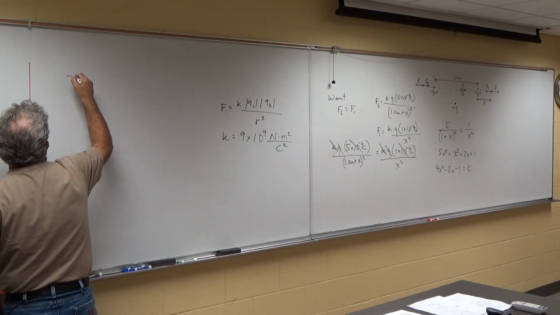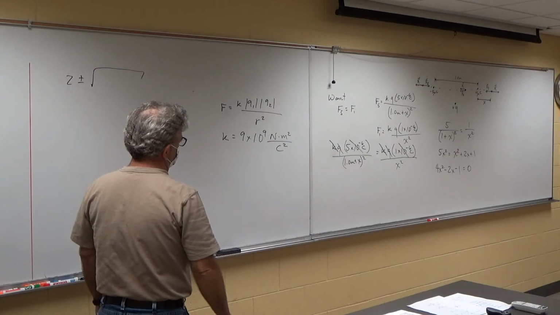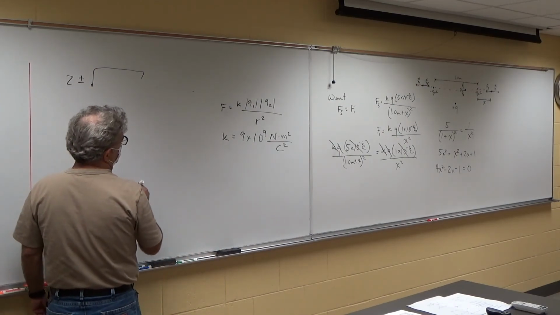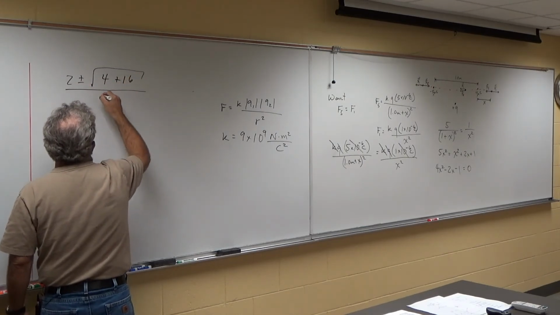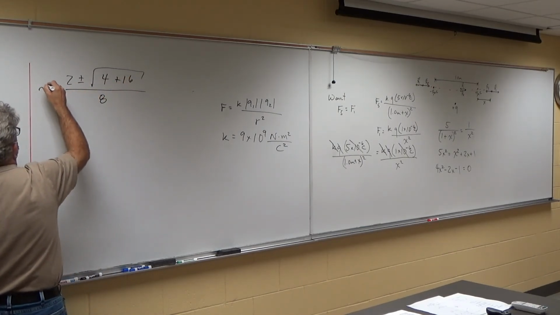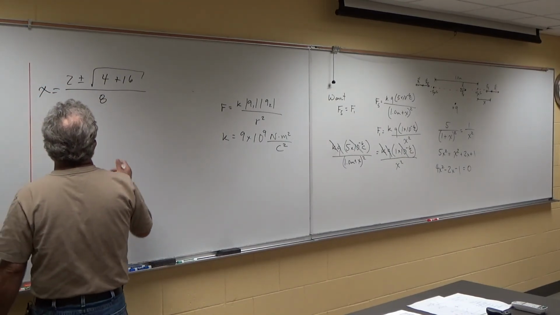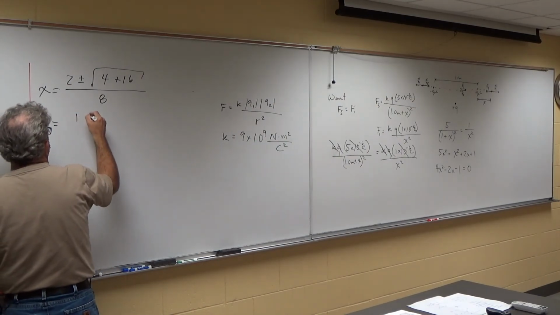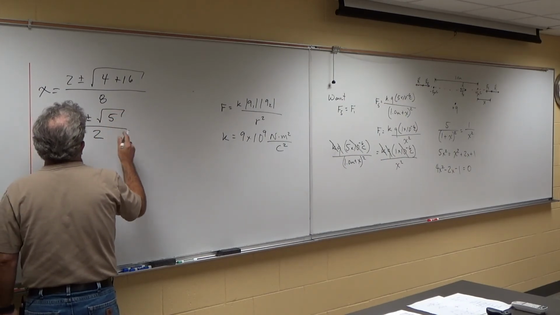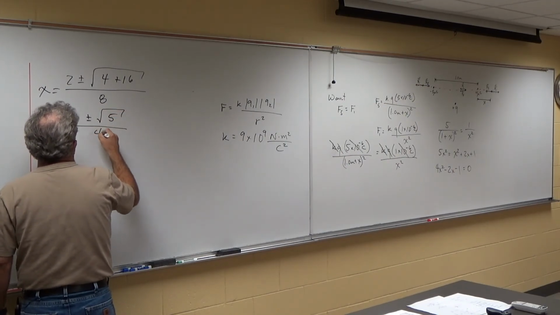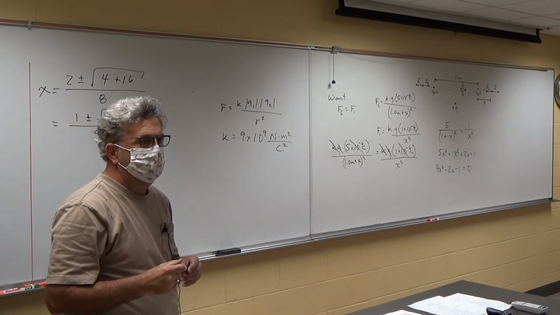So you get 2 plus or minus the square root of 4 plus 16 all over 8, if I'm looking at it correctly. So this is equal to 1 plus or minus the square root of 5 over 4, I think.